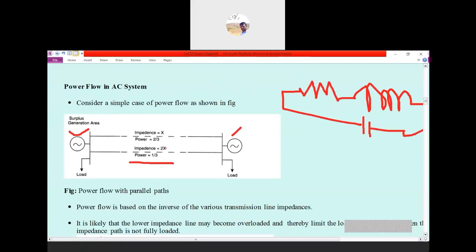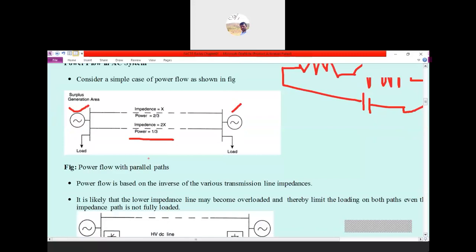Whatever power flows here will be affected. The voltage also drops due to the resistance and inductance, and the current is also affected due to the inductance of the material or resistance of the metal.